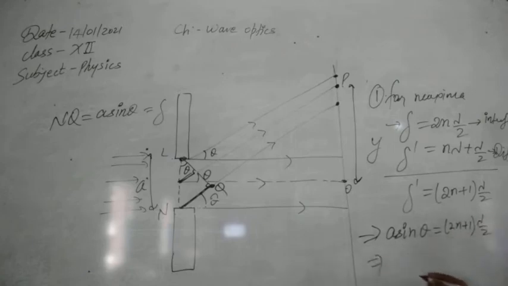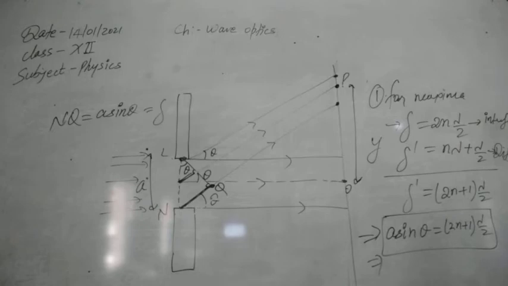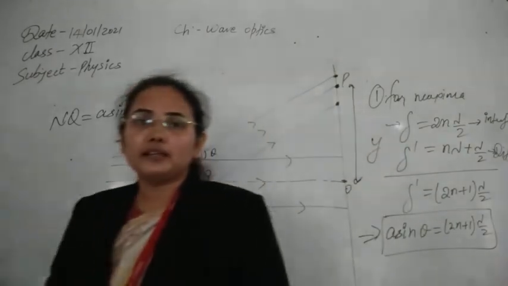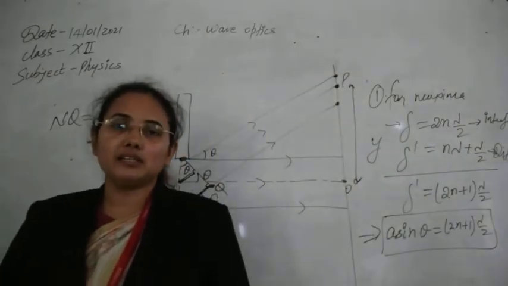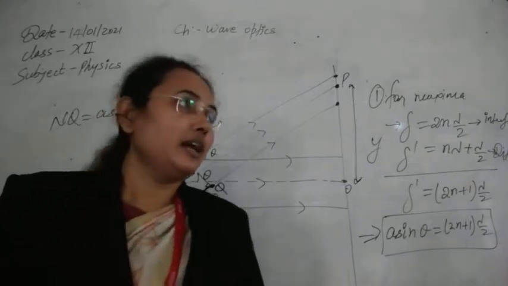We can also calculate just A from here, or leave it this way. So if the path difference is an odd multiple of lambda by 2, then in the diffraction pattern we get maximum intensity. You can say it is just the inverse process of interference.